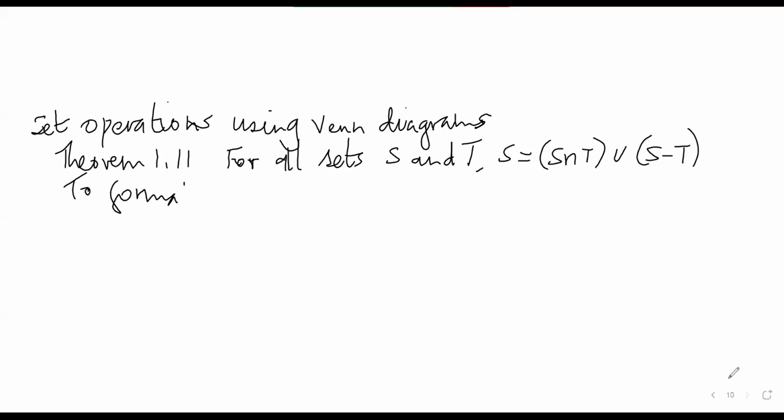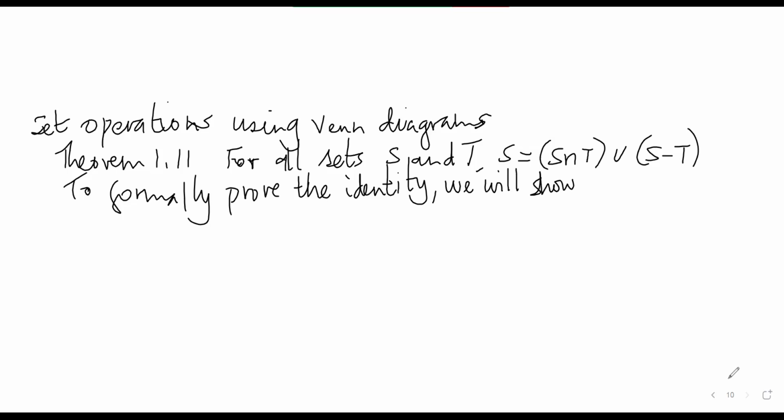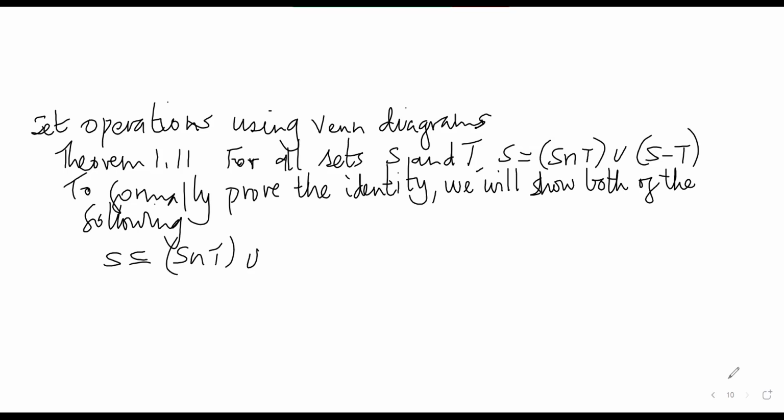To formally prove the identity without using Venn diagrams, we will show both of the following: S is a subset of S intersection T union S minus T, and S intersection T union S minus T is a subset of S.